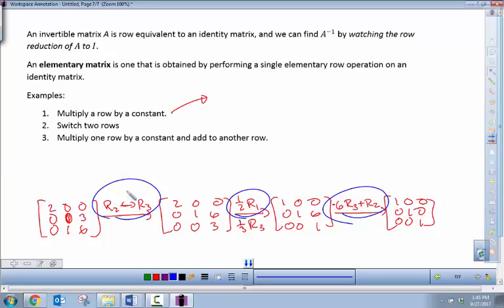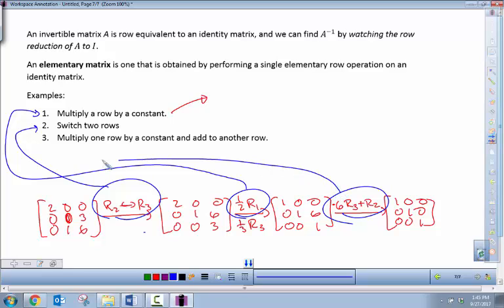So switching two rows is a basic row operation. Multiplying something by a constant is a basic row operation. And then multiplying one row by a constant and adding it to another row is another basic row operation.